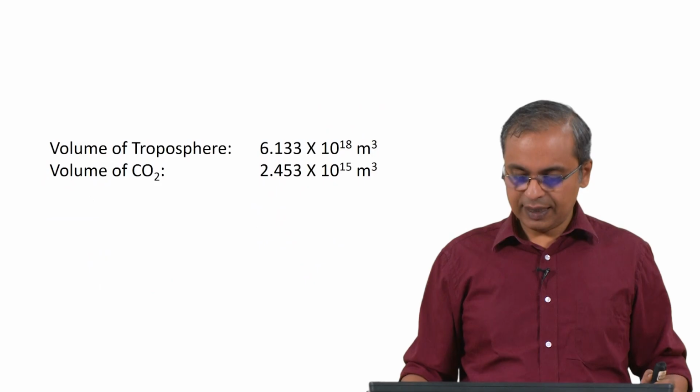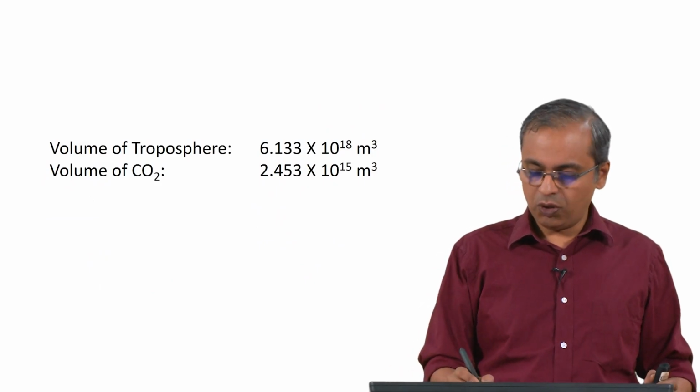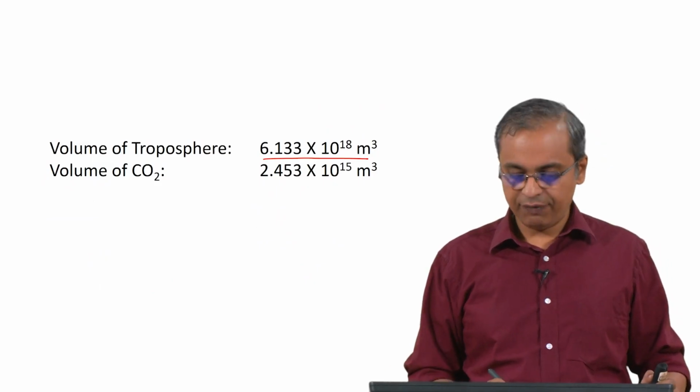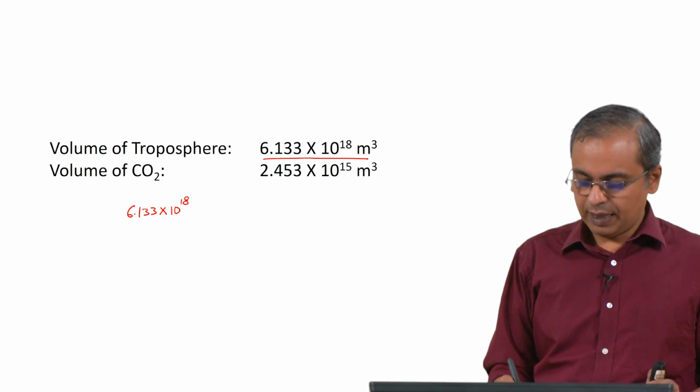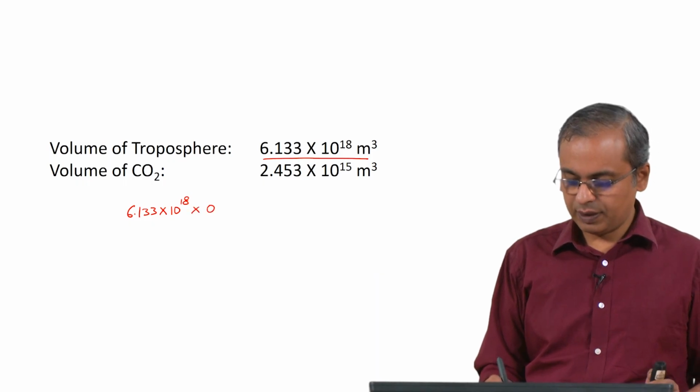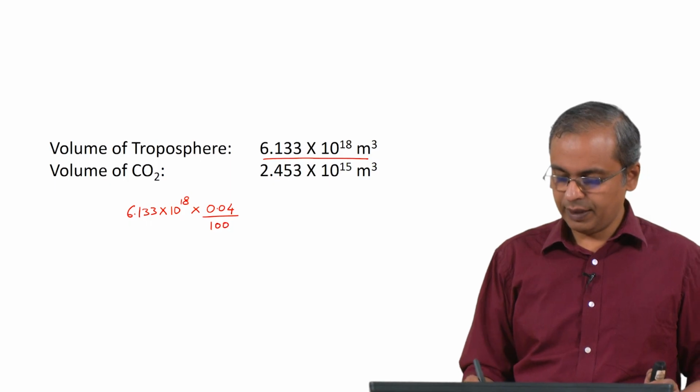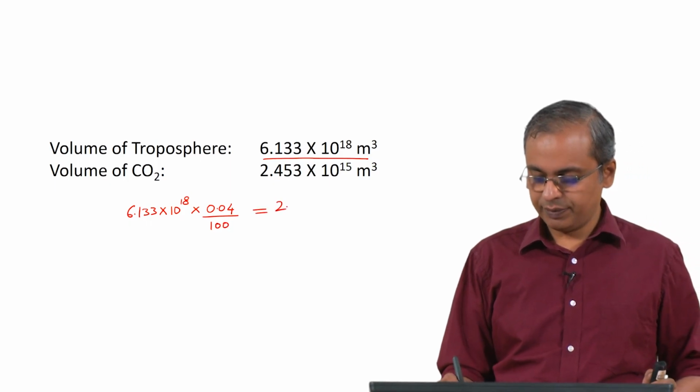So, if you come here, that is exactly what I have done. This is the volume of the troposphere, and if I take 6.133 into 10 power 18 and multiply that with 0.04 by 100, you will get this value here.